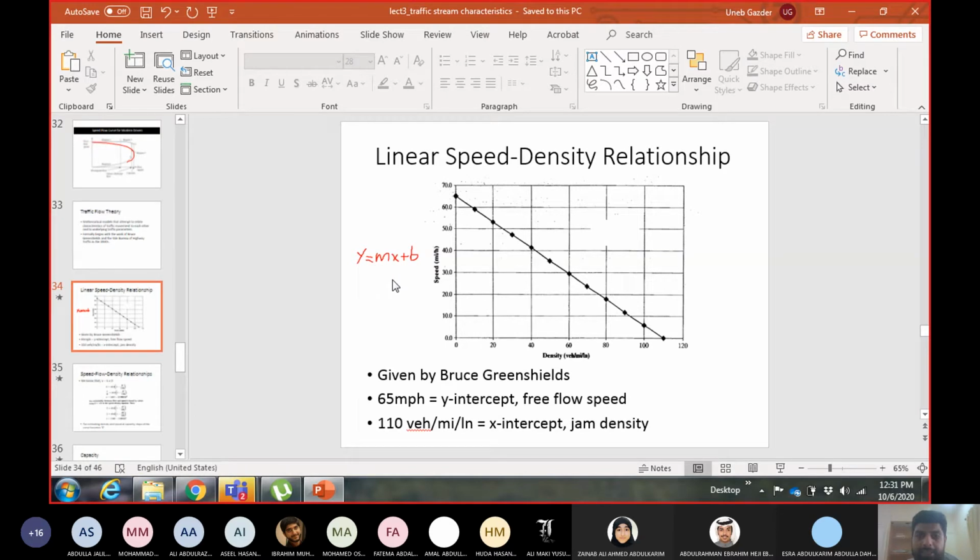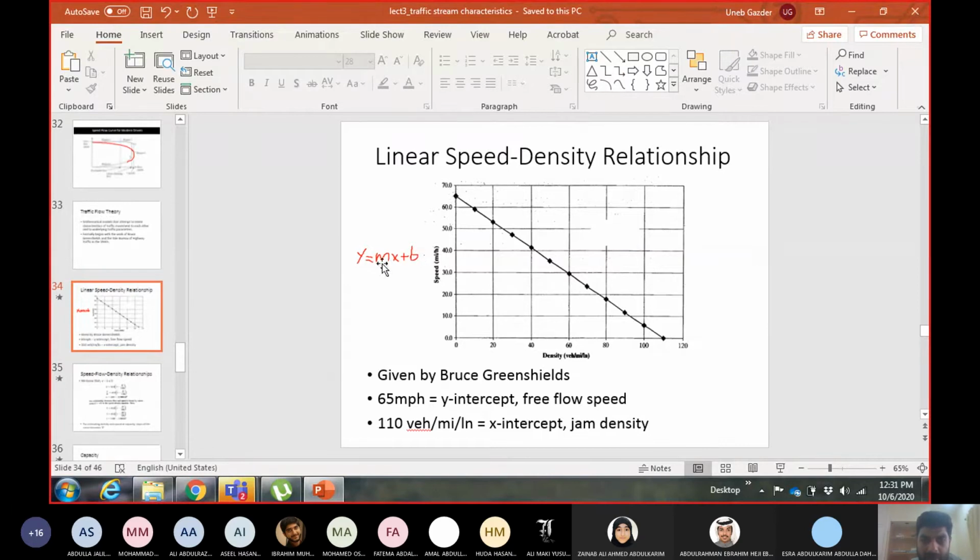Okay, then what is b? b is the y-intercept, the maximum value of y, which, again, I have told you, is free flow speed, 65. So b is 65. So for this line, which was drawn by Bruce Greenshields, speed equals minus 65 upon 110 into density plus 65, the y-intercept.